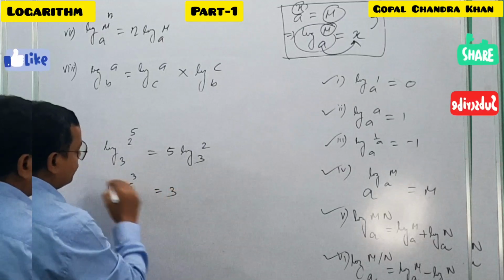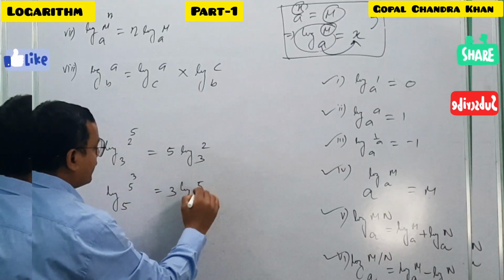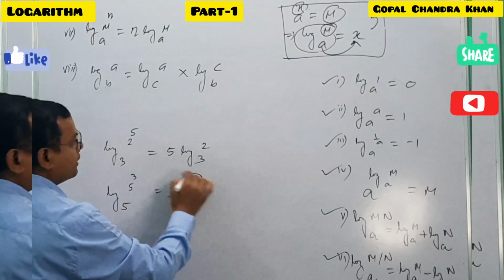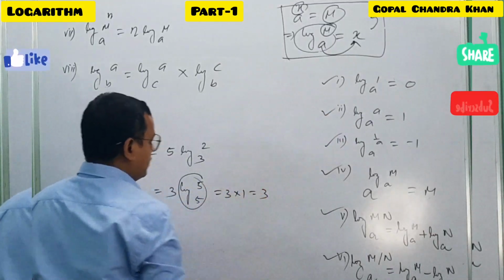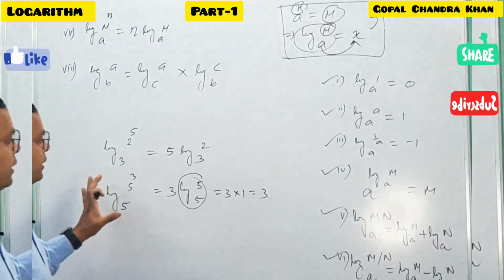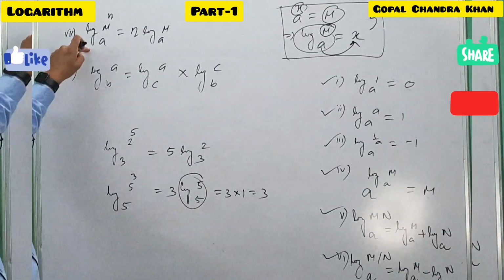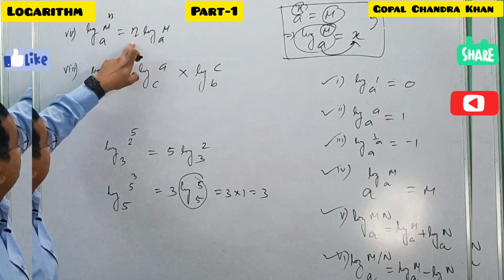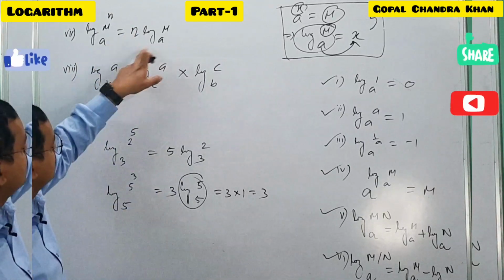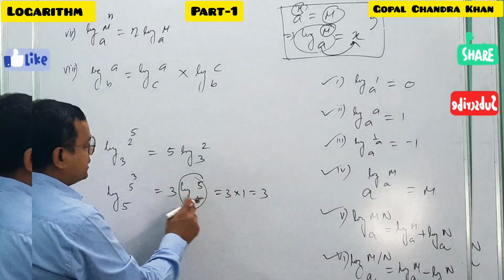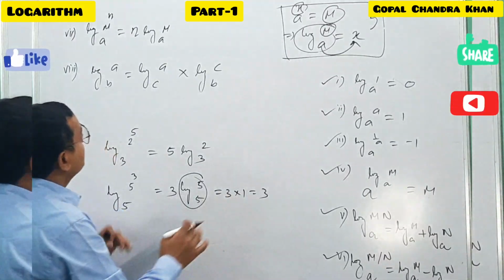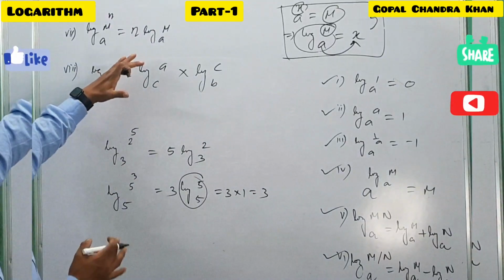That time this 3 will come here, 3 log 5 base 5. Now see this value from number 2, you can apply 3 into 1 and it will become 3. So the power will be a multiplier of this logarithm 5 base 5. Now you know this value, this into this 3, it comes here, and it helps us to get easy values.